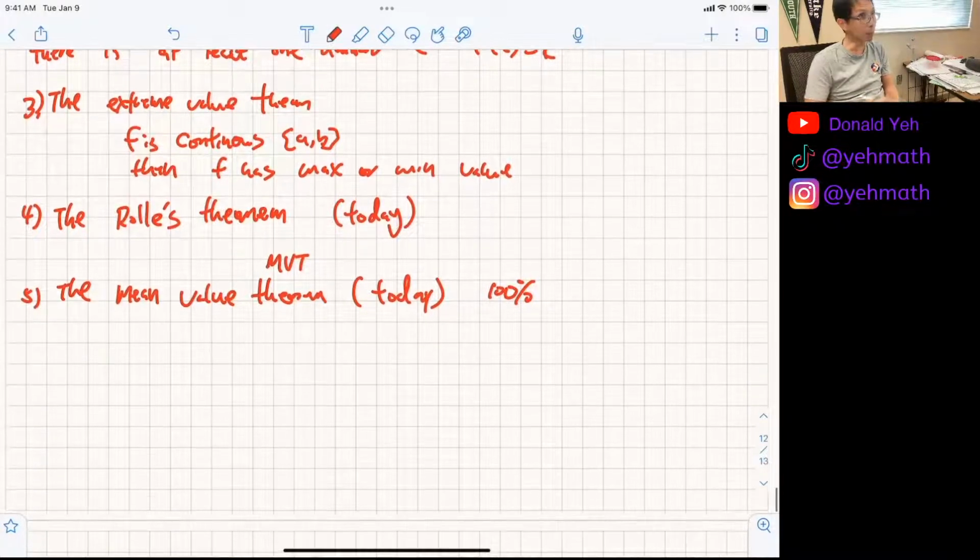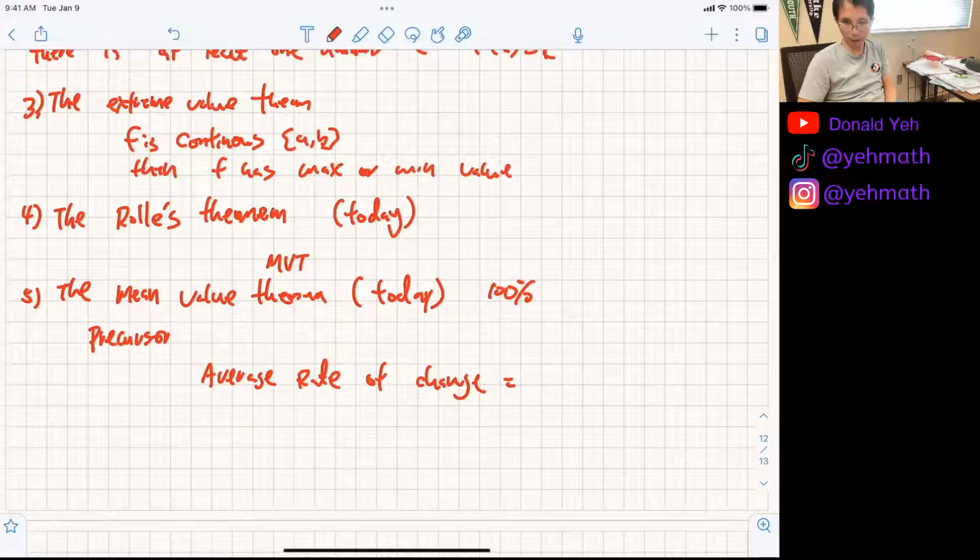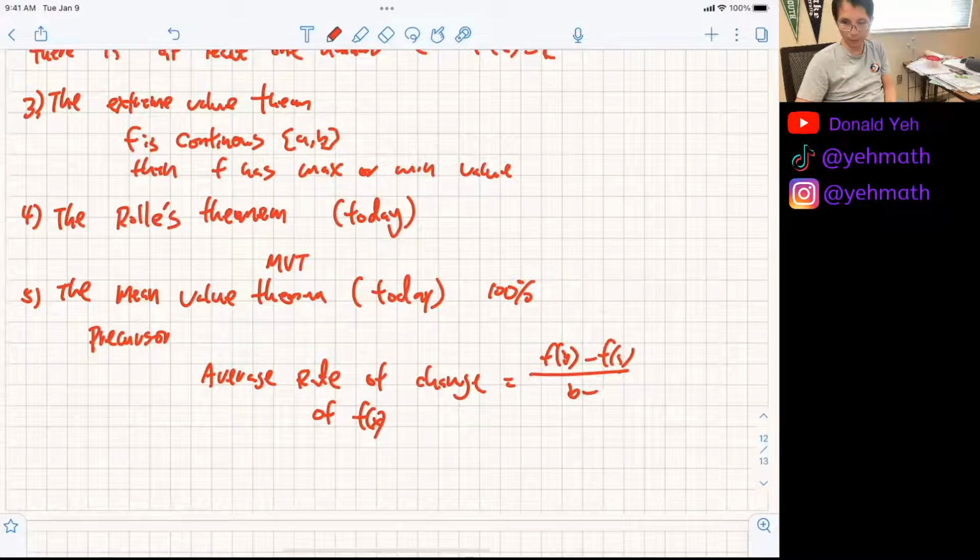But I'm going to give you some precursor of that, which you have to understand before the mean value theorem. It will make you understand much easier. The precursor is the average rate of change, which is f of b minus f of a over b minus a.